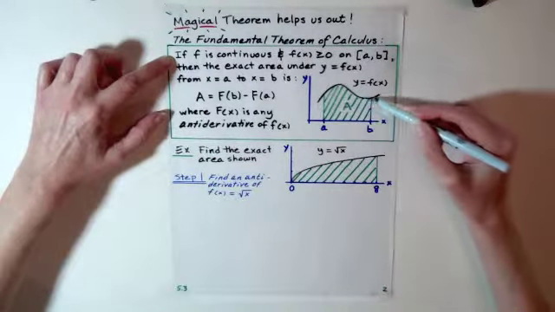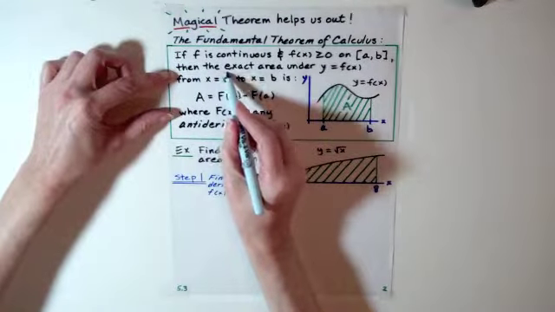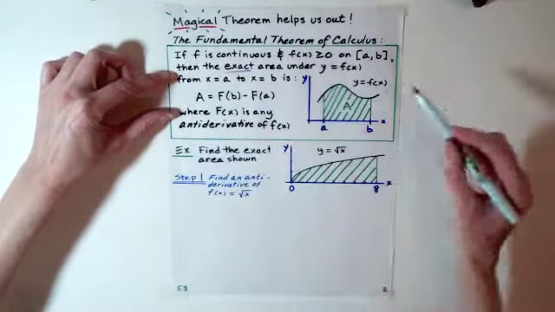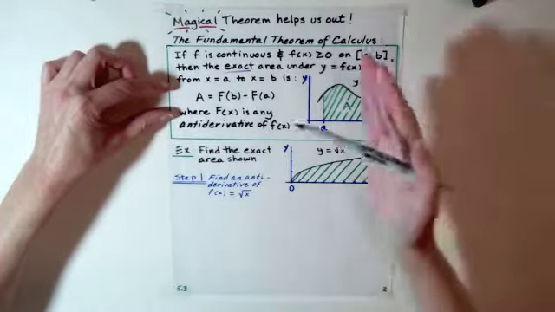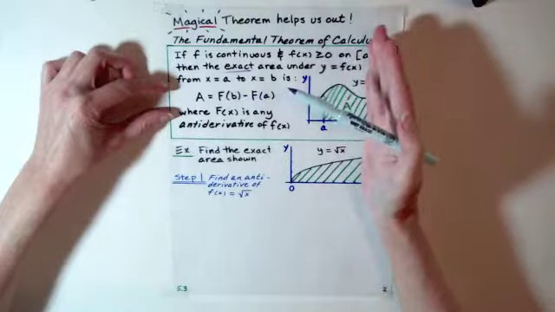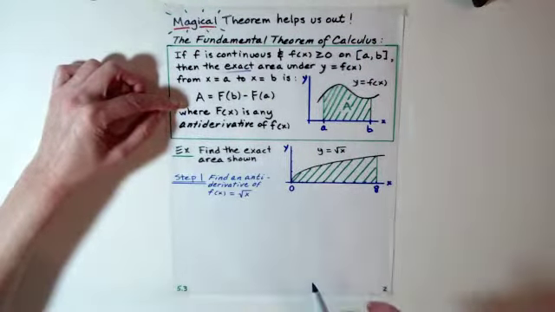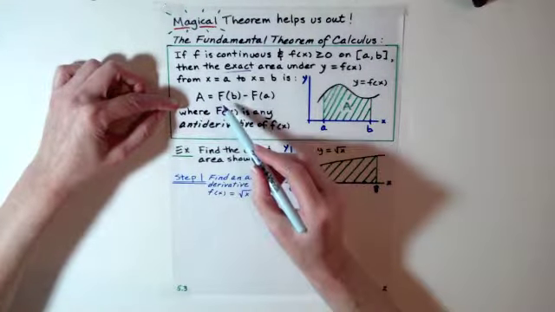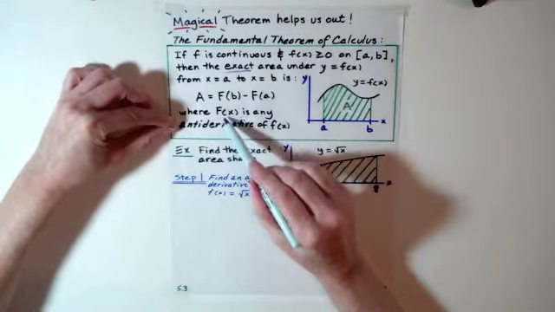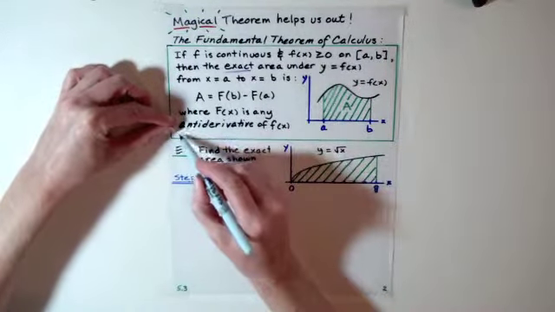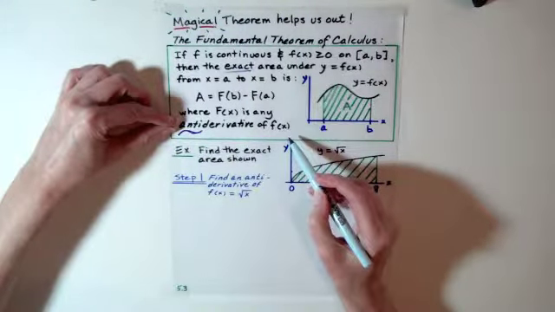So if you have those conditions on your function f, then the exact area underneath the curve from A to B, so this green area that I have under the black curve from A up to B, that exact area is given by the following very simple formula. The area is capital F of B minus capital F of A, where capital F of x is any antiderivative of little f of x.